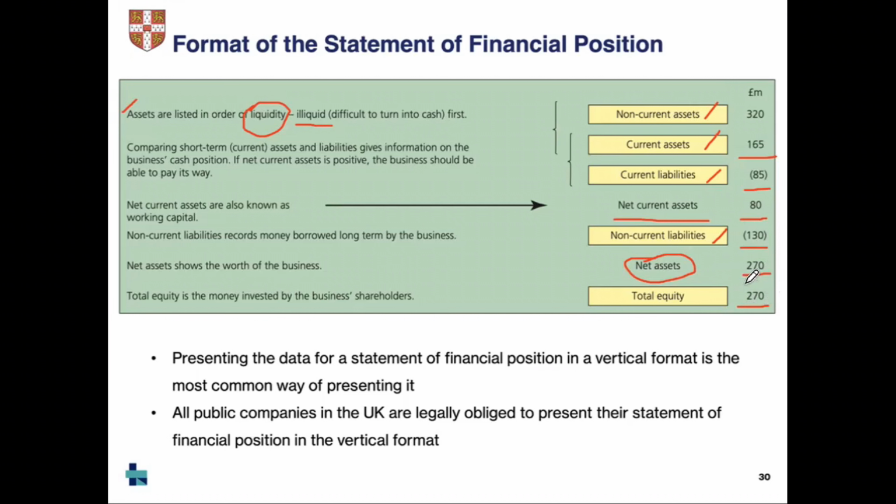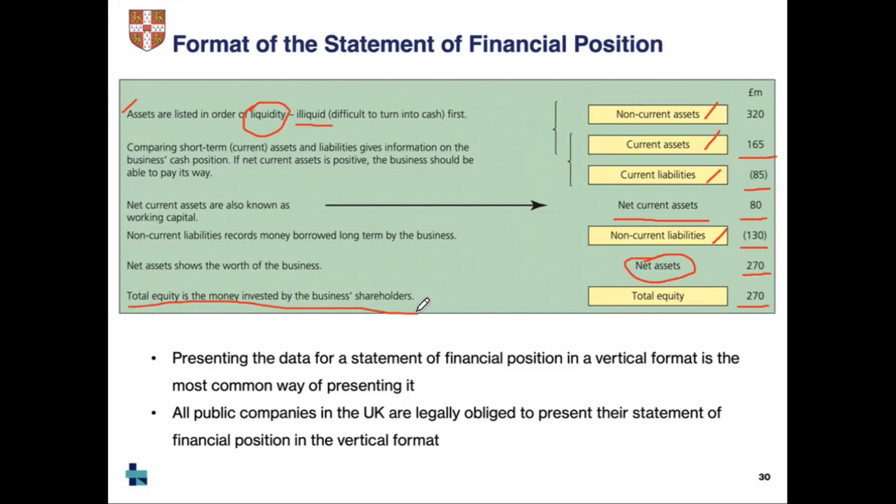It represents how much will remain if all assets are sold and all liabilities are paid. This is what goes to our investors. So it says here the total equity is the money invested by the business's shareholders. All right.